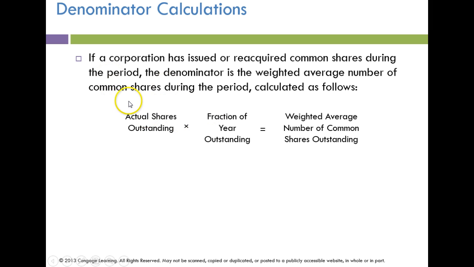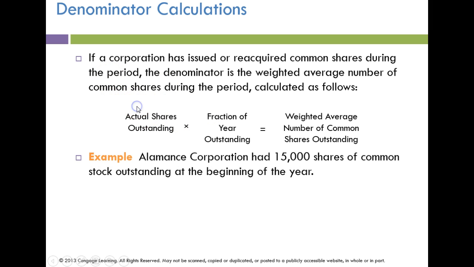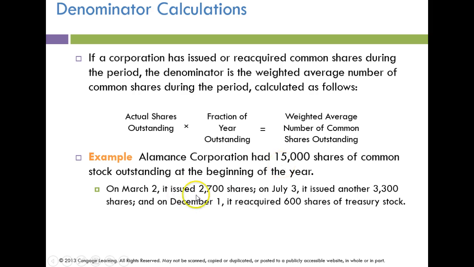Determining this weighted average is actually easy. This is a good example. Let me do this and then we'll do a problem. But let's say this particular company starts the year with 15,000 shares. Then they purchase or issue 2,700 more shares on March 2nd.